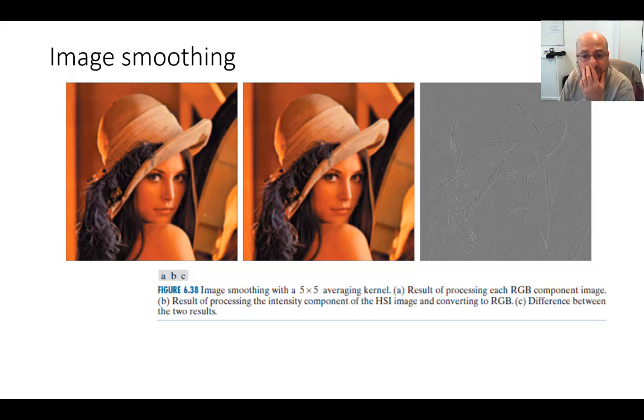This is the result of image smoothing. Figure A is the result of processing each RGB component of the image, and this is the result of applying the smoothing on the intensity component of the HSI image, then converting to RGB. Subtracting this minus this other, we are going to see the differences, right?